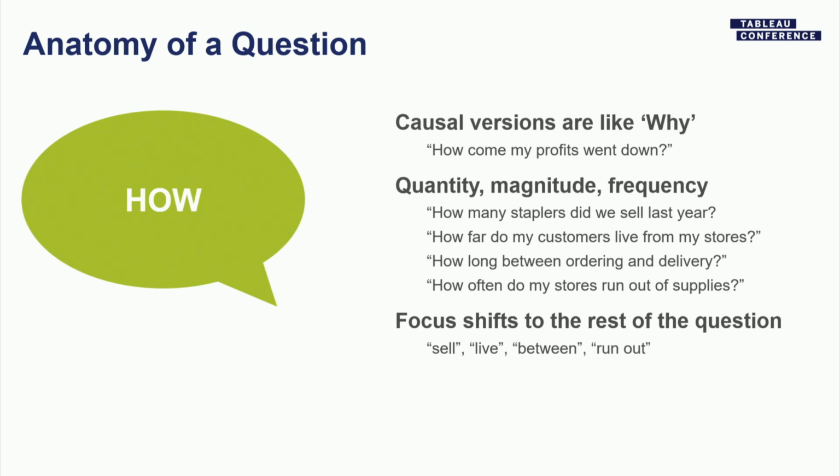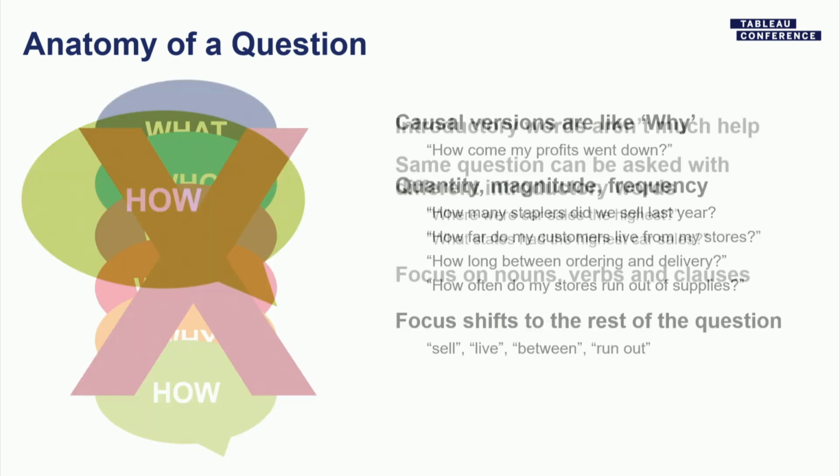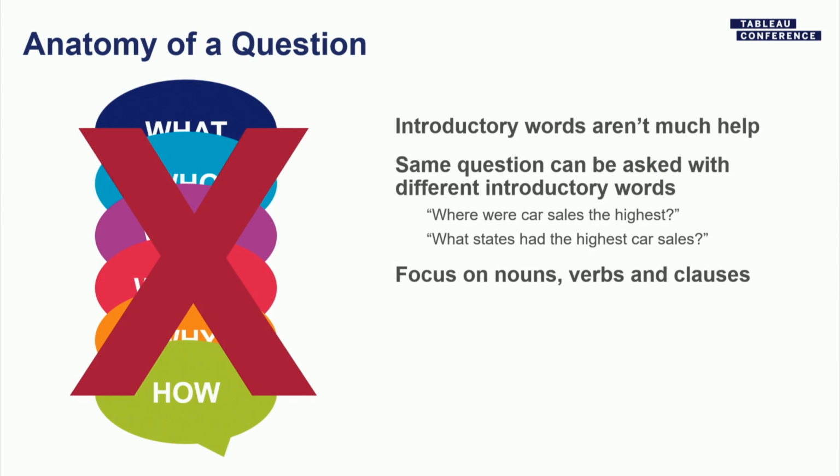So my big takeaway in looking at this initially from the idea of these introductory question words is they don't matter. They don't matter one bit. They sometimes can give you a hint, like some of those when and where questions. But really, if you look at the rest of the sentence, whether it's when or where doesn't matter. It's the states and other things like that that give you that sense.